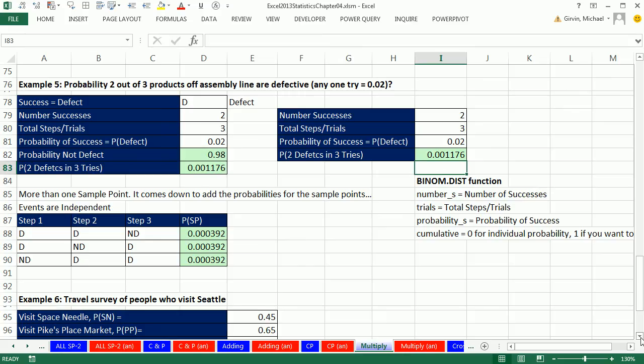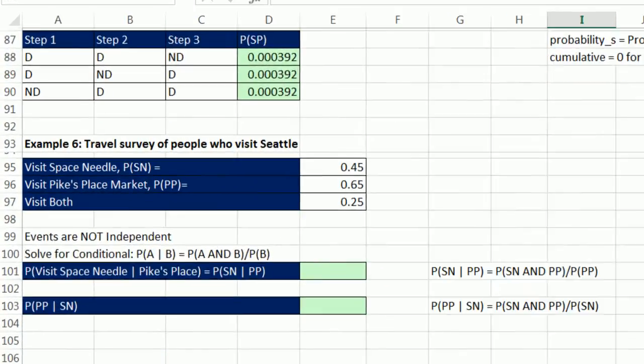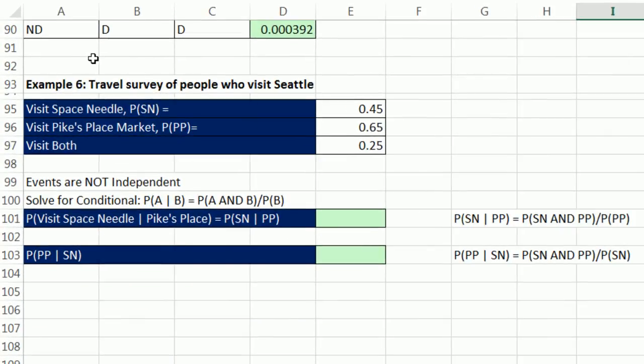All right, our last example for multiplying. Here's our example from a travel survey of people who visit Seattle. We saw this last video for adding, but here's the probability that they visit the Space Needle. Here's the probability that they visit Pike's Place Market. And here's the probability that they visit both. Now, events are not independent. We know that there's some overlap between these. We have a both here. Both is a synonym for and, or intersection, right?